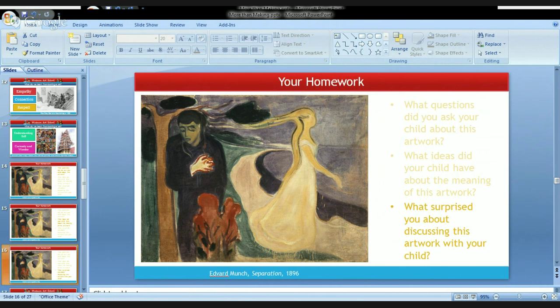When I was in college, they would put two artworks on the screen at the same time, and he would talk about them, and then quickly go to the next one, and you're like, I need time to process these. We would look at 40 paintings in an hour and a half, and I'd be like, that wasn't enough time to process. So going slow is valuable, and really spending time with each one.